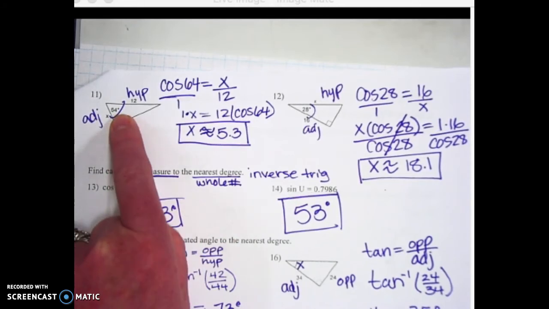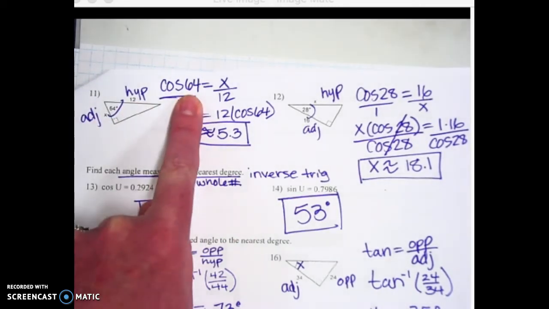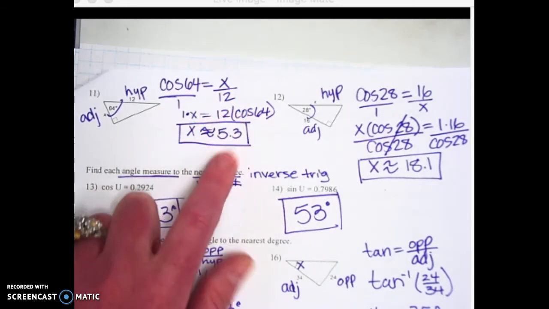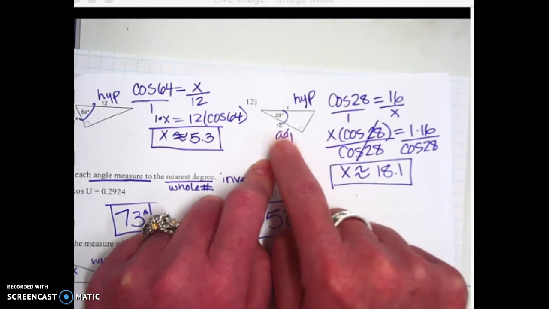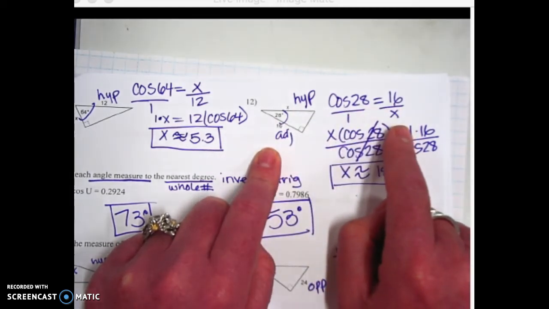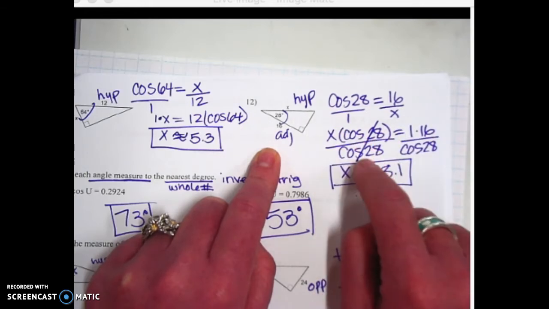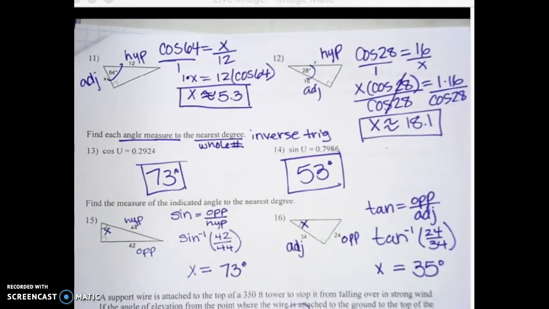You've got the adjacent and the hypotenuse, so you should use cosine. Write down your ratio, make a proportion out of it, do the cross product, and solve. Number 12. You've got the angle, you know the adjacent, you want the hypotenuse, so use cosine. Write down the ratio, make a proportion out of it, do the cross product, and divide both sides by the cosine of 28. You should get roughly 18.1.